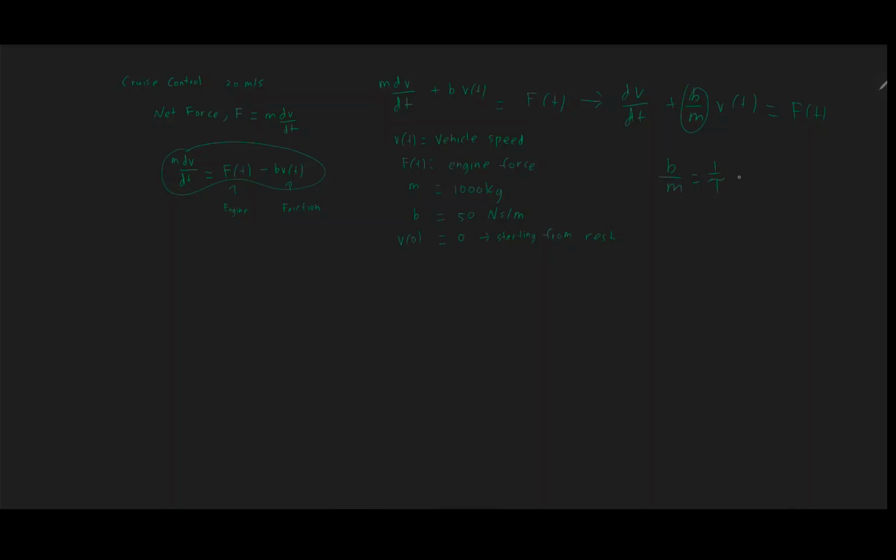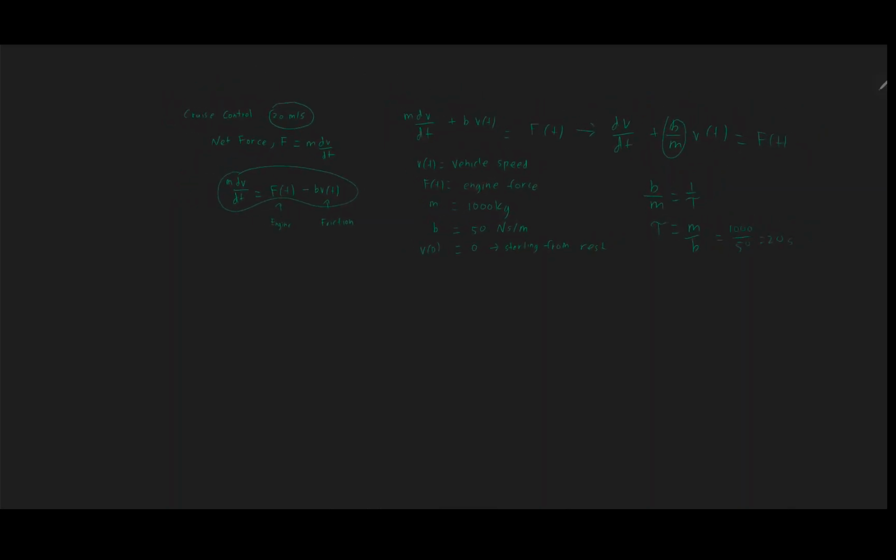Therefore, the time constant is equal to m over b, which is equal to 1000 over 50, which is equal to 20 seconds. So what does a larger or smaller value mean? Well, a larger value means that the car takes longer to reach our target of 20 meters per second, and a smaller time constant means it's quicker to reach our target value. Anyway, let's move on to our next step.